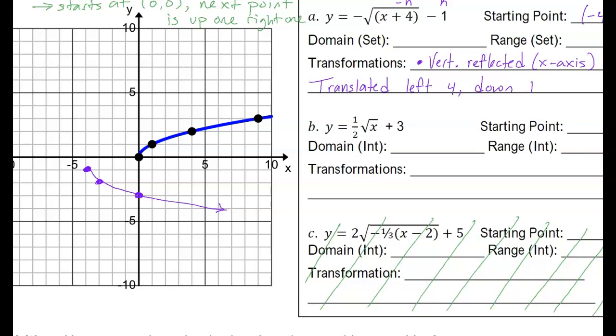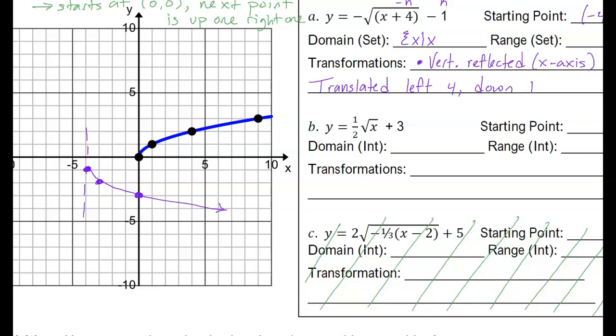So, what is the domain in set notation? Squiggly bracket. X such that, is it all of the x values bigger than this -4, or all the x values less than -4?